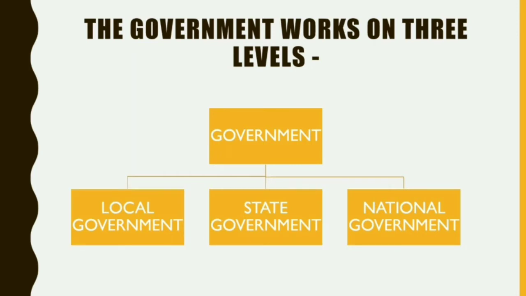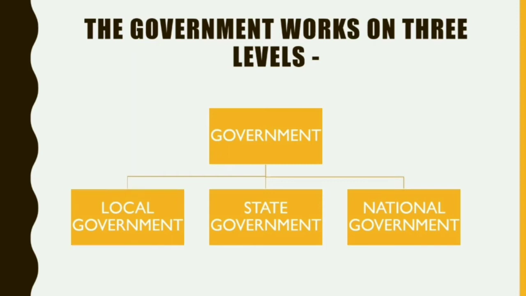Since the country is vast and every small area, whether village or town, can have a number of problems, there is a third level of government, and this is known as the local government. For urban areas, the local government is known as the municipality, and for rural areas, it is called the panchayat.